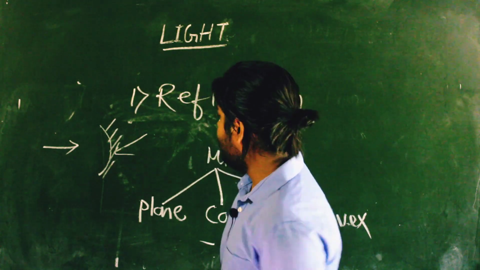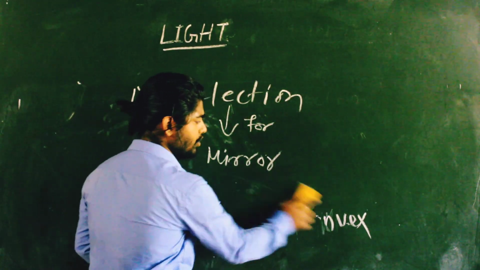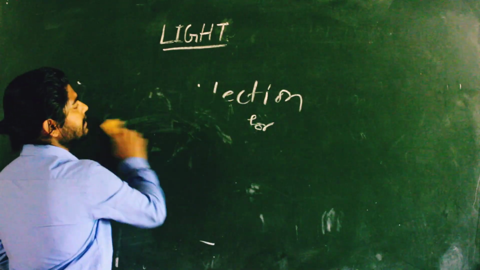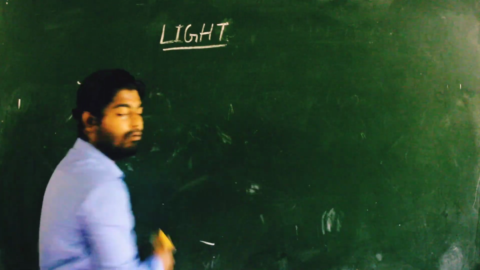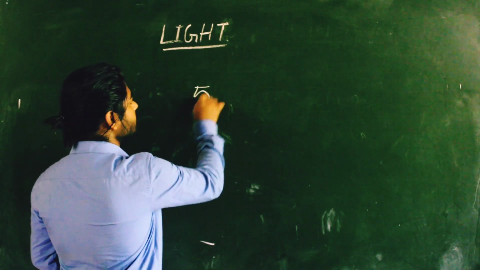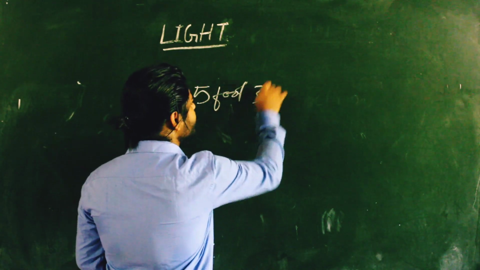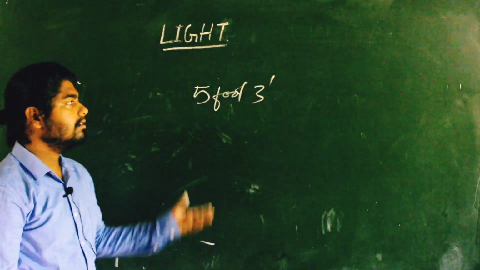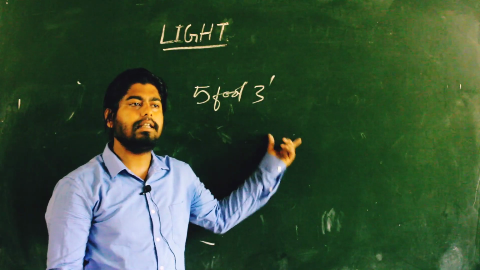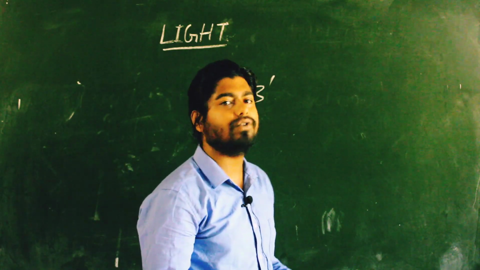In general, we don't study plane mirror much, because the plane mirror depicts the real world. That means if you are 5 foot 3 inches, then if you stand in front of a plane mirror, you will be 5 foot 3 inches.